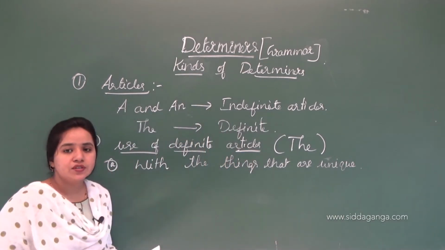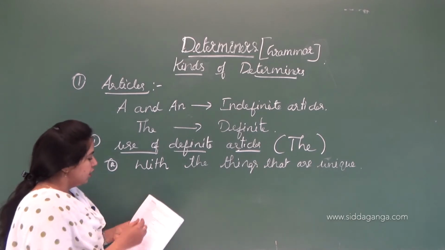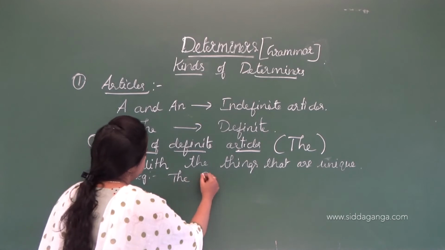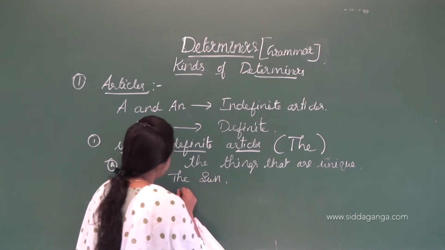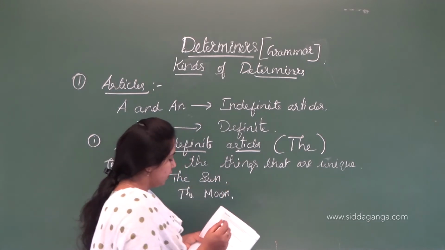There we use the definite article the. Examples: the sun, the moon, the earth.